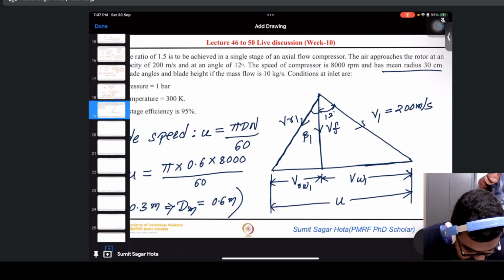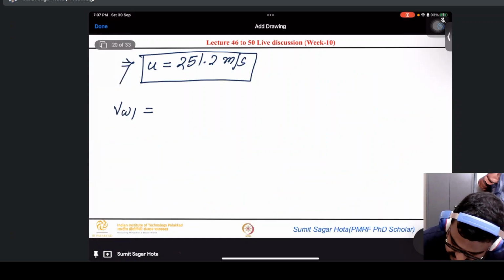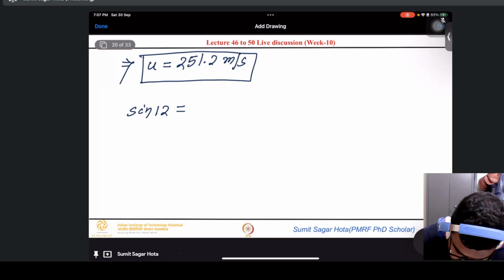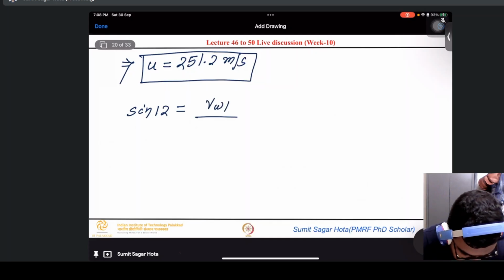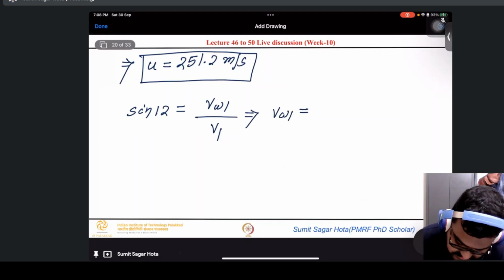Sine 12 is equal to Vw1 divided by V1, so Vw1 is equal to V1 into sine 12.